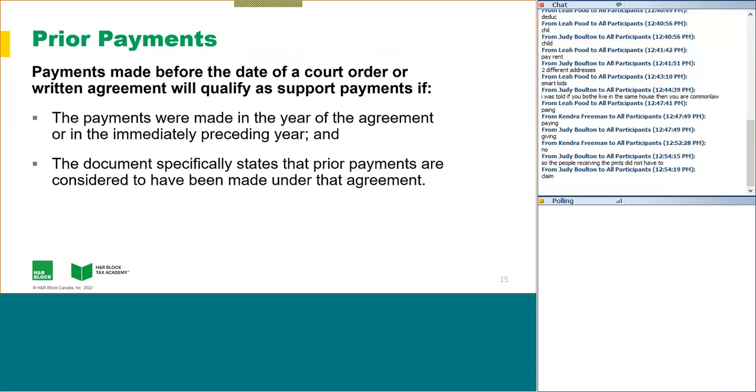Normally, this only counts for payments after there's a written agreement in place, but there is a special rule that says if the written agreement says that any payments made prior to that should qualify, they will allow you to go back to the beginning of the year in which you made the agreement plus one more year.